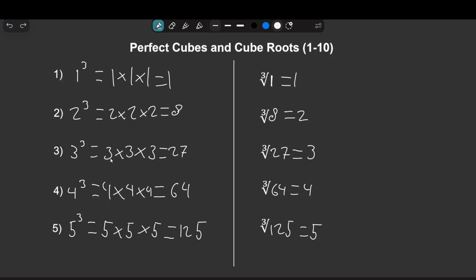Same with this one. 3 times 3 will equal 9, and 9 times 3 will equal 27, like this. So that's how you can look at it, or just type it into your calculator. But if you don't have a calculator, or you can't use one, you can do it like I just showed you. So I'm going to get the next 5, from 6 to 10, and we're going to do that also. So I'll be back.